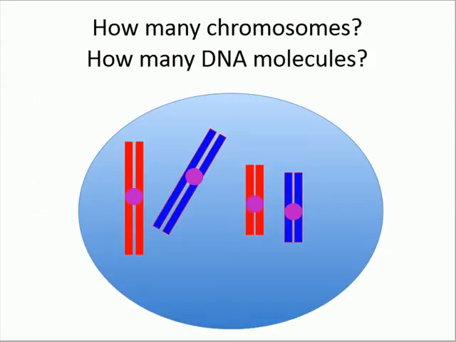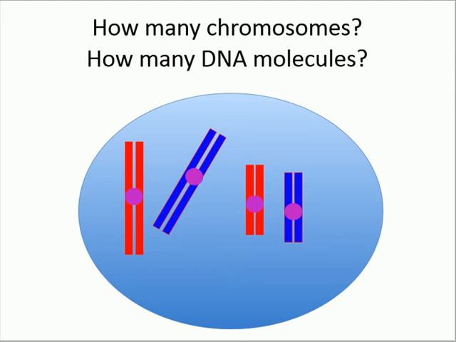Again, in our example, we have 4 duplicated chromosomes, but a total of 8 DNA molecules that have to be divvied up into 2 separate sets. And so that's going to happen during the stages of mitosis. And you're going to want to learn the stages of mitosis. They're going to be prophase, metaphase, anaphase, telophase plus cytokinesis.